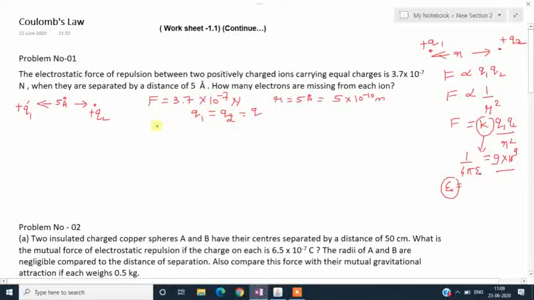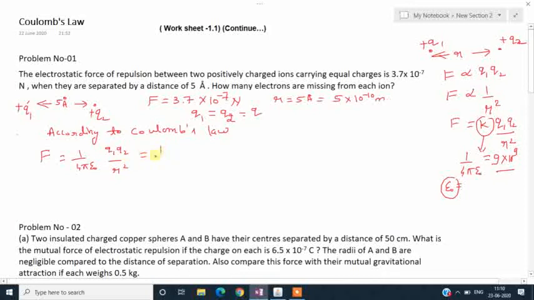Now we know Coulomb's law: F is equal to k into Q1 Q2 by r square. So we use the formula according to Coulomb's law: F is equal to 1 by 4 pi epsilon naught into Q1 Q2 divided by r square.